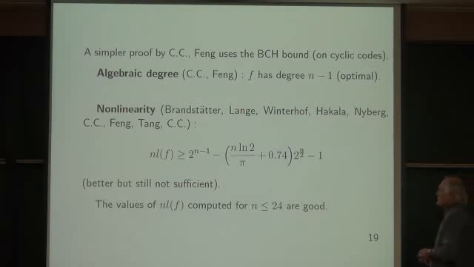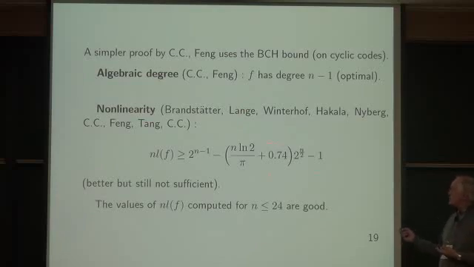For the nonlinearity, we could prove a bound, not this one, because this one is an improvement of the first we found. And the bound means that the nonlinearity is considerably better than for the previous functions, but it's not yet enough to use the function.